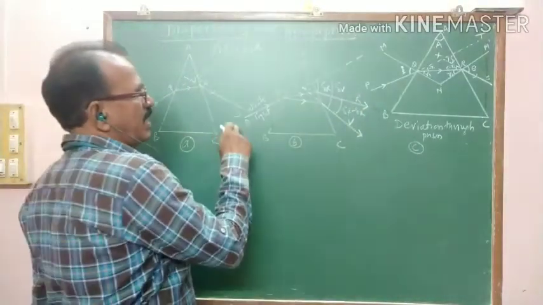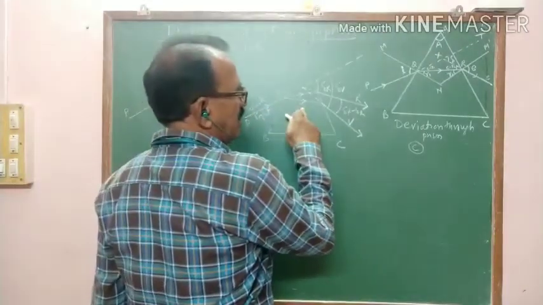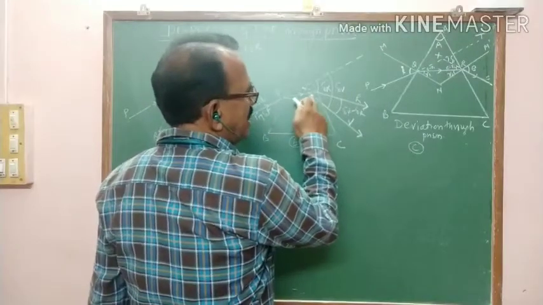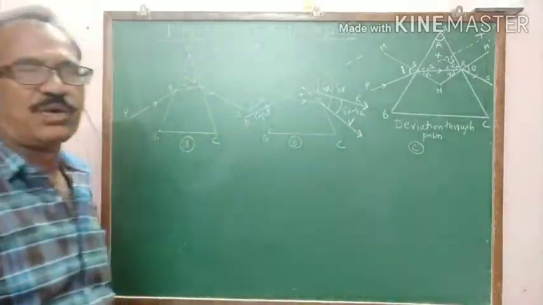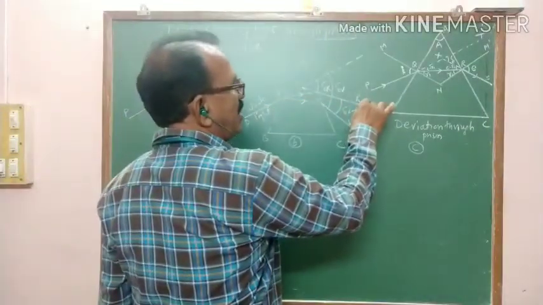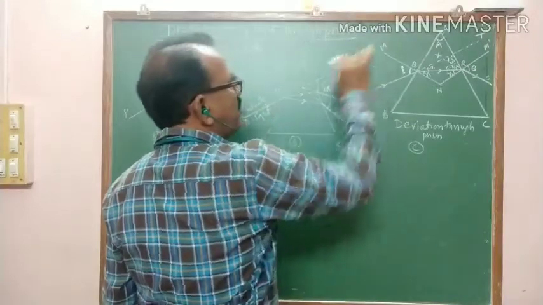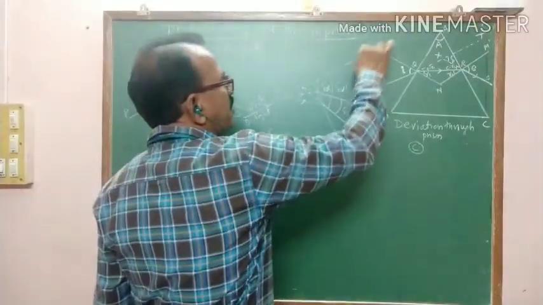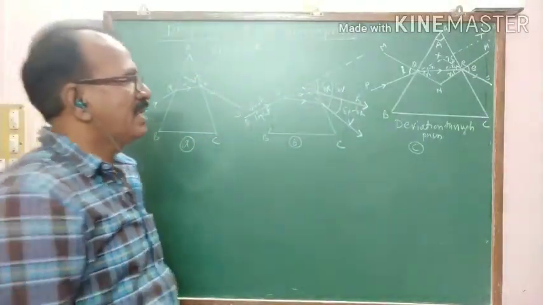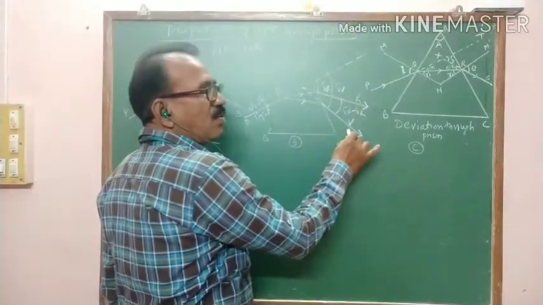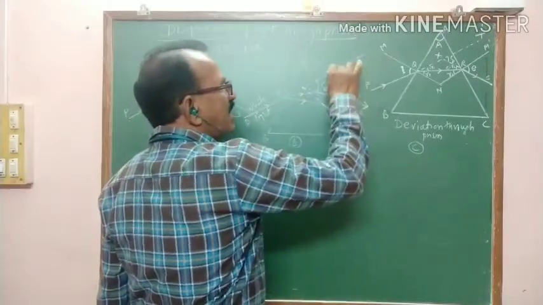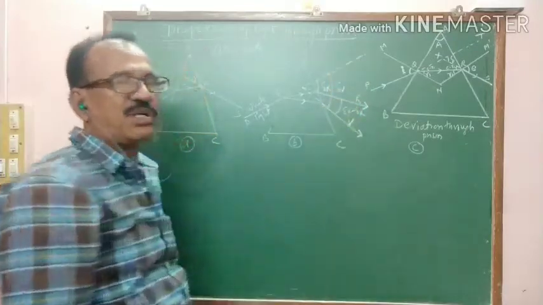Now this white light gets split into 7 colors, and after refraction into 7 colors, it emerges out. Now the angle made by the red color with the incident beam of light is the angle of deviation for the red color, and the angle made by the emergent violet light with the incident beam of light we call the angle of deviation for the violet color.